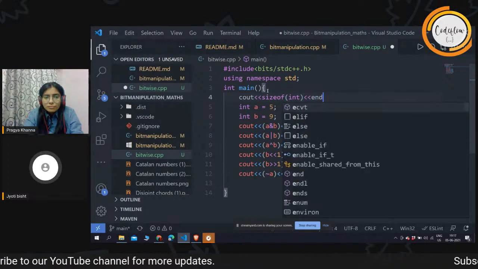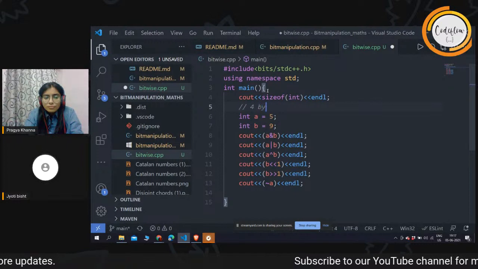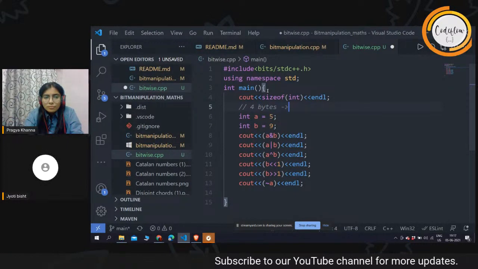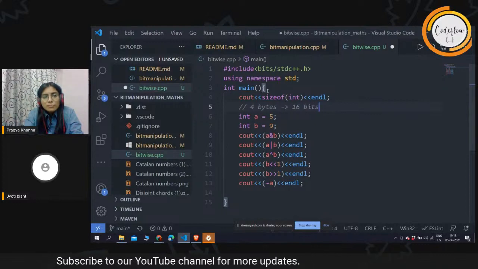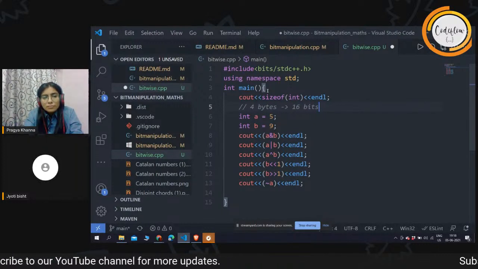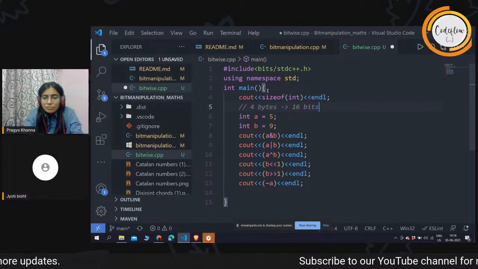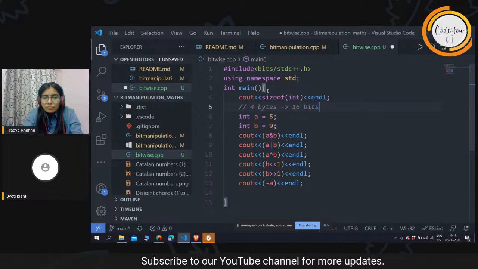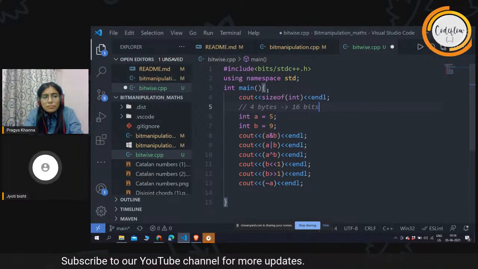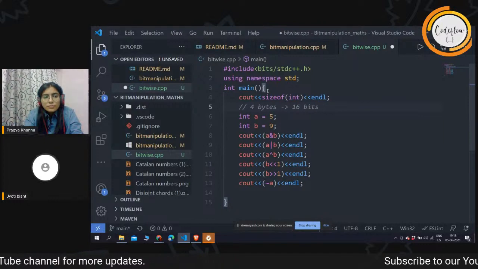For my system, it's 4 bytes. That means it will give me 16 bits. So my int will be represented as a 16-bit number. In your machine, it can be 8. Universally it's 4 bytes, but sometimes the error comes. But for me, it's 4 bytes. It's 16 bits.